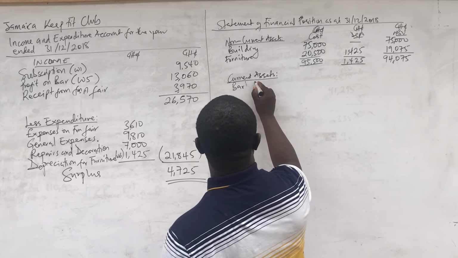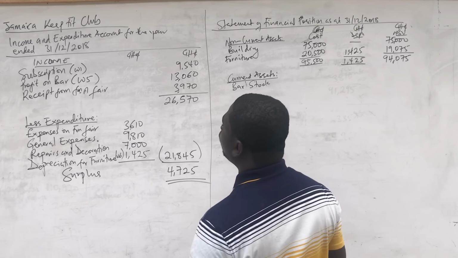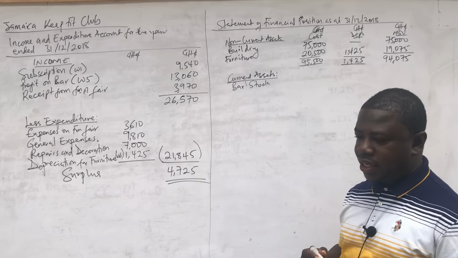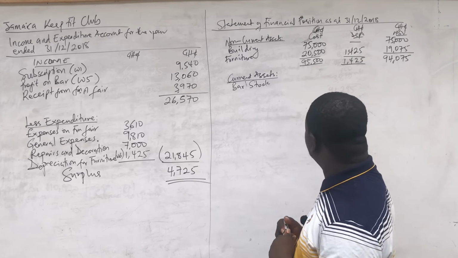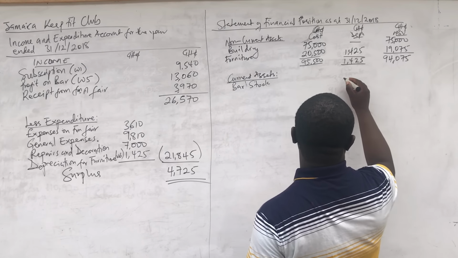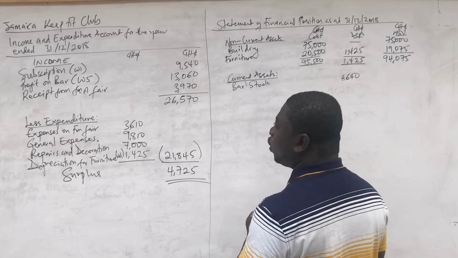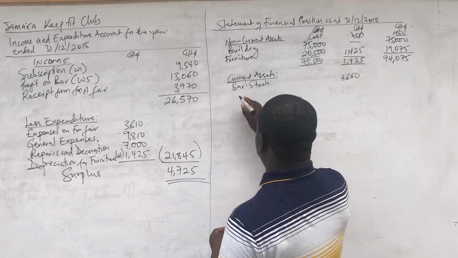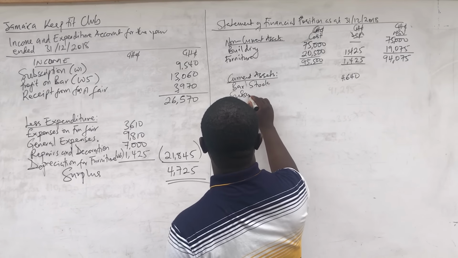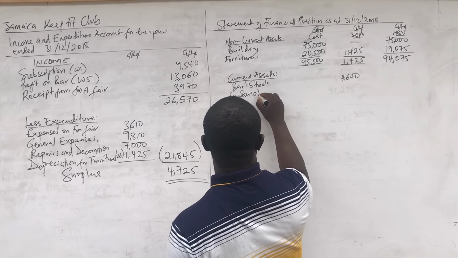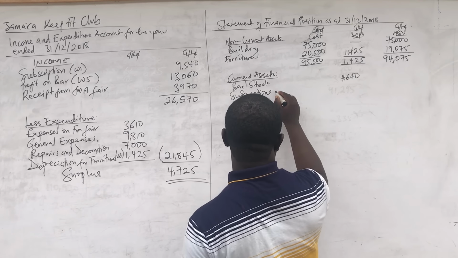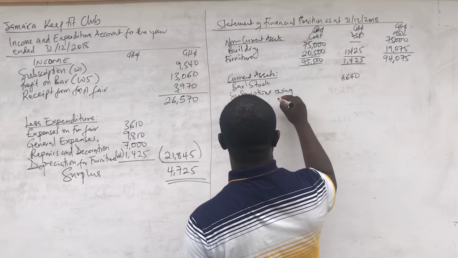And remember that in the statement of financial position we are going to bring only the closing balances, and so the closing stock for the bar is what we are bringing, and that is 4,640. And then there were no trade receivables, but then we have subscriptions owing, which is also a receivable. So subscription owing is an asset.